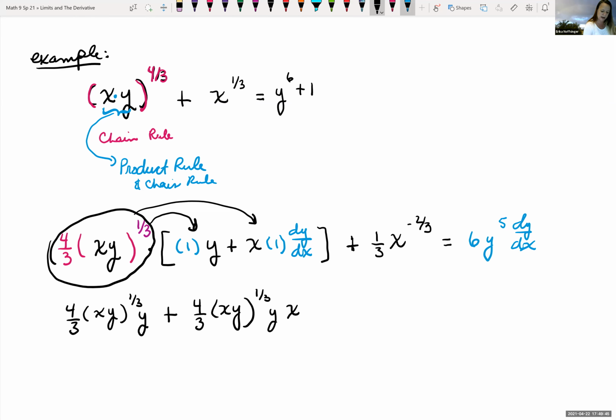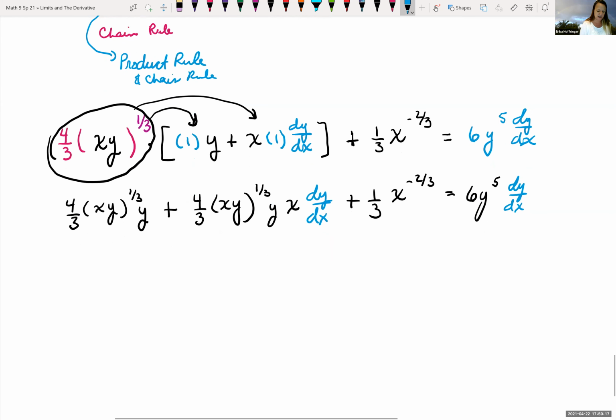I'm going to keep dy/dx in blue, because we're trying to get those pieces with that in there to one side of the equation, plus 1/3 x to the negative 2/3 is equal to 6y to the 5th dy/dx. So any term with dy/dx we want on one side of the equation, any term without dy/dx we want on the other side.